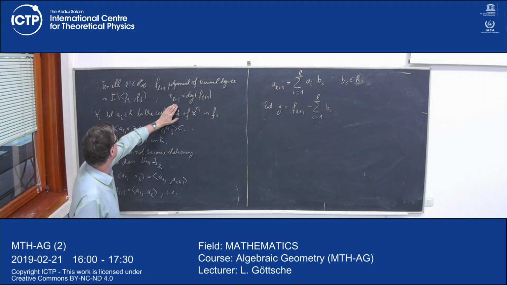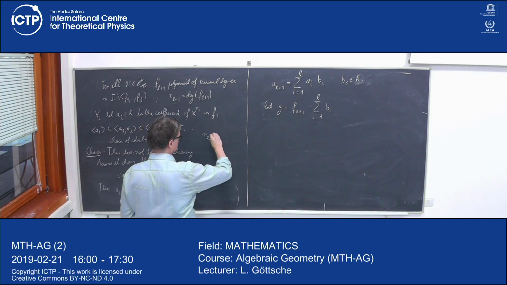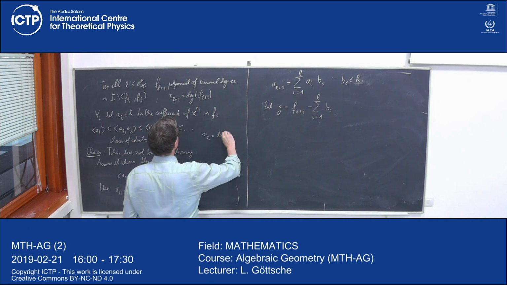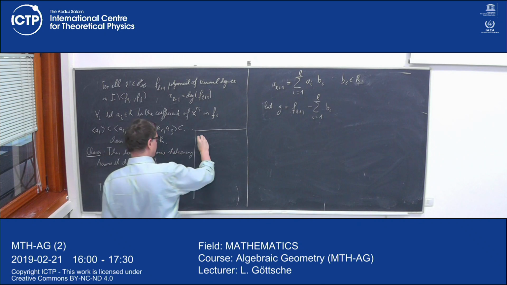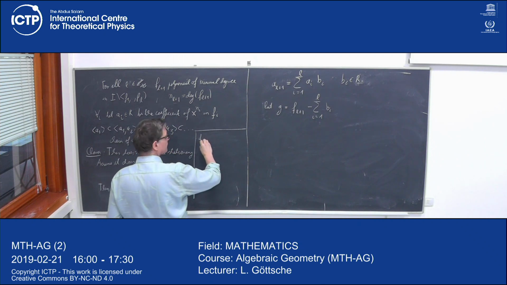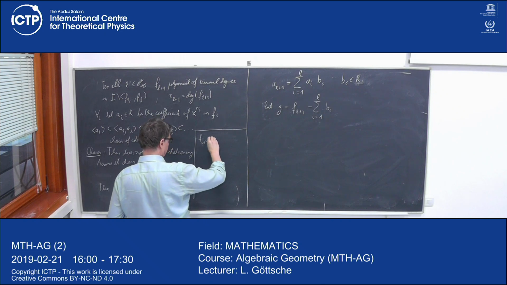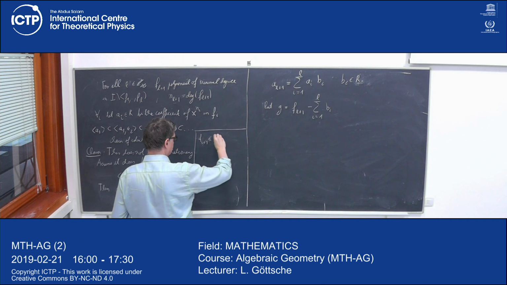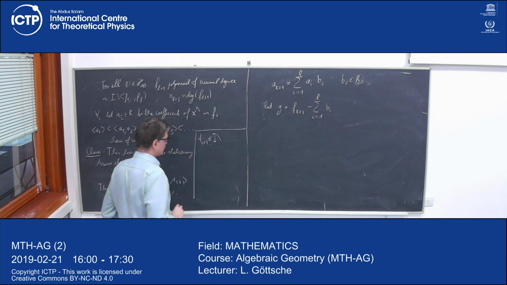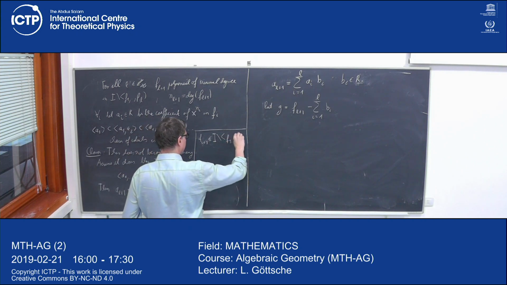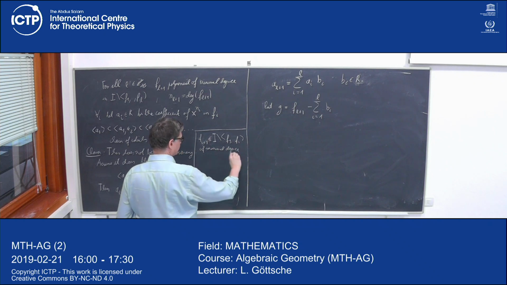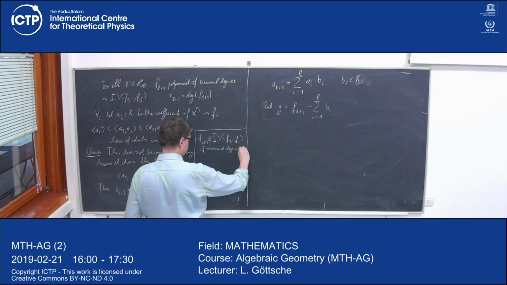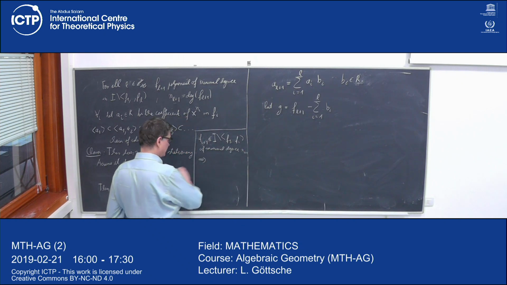F(i+1) is inductively an element in I minus the ideal generated by F1 to Fi of minimal degree, and this minimal degree is what's called n(i+1).